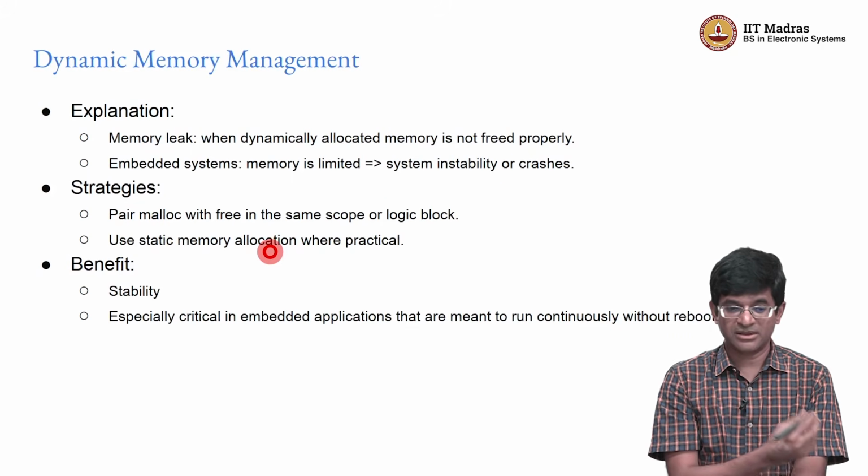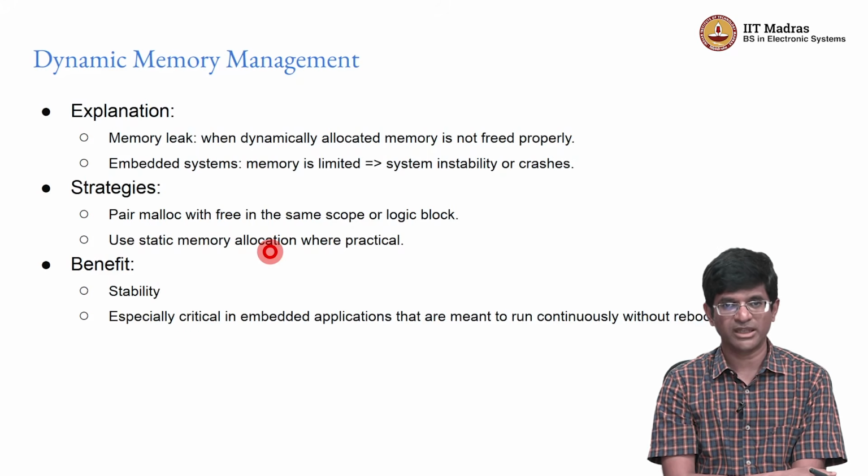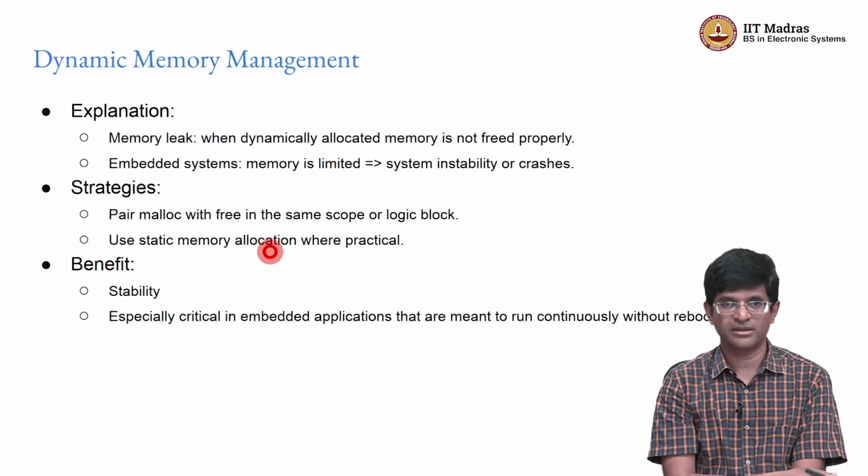Dynamic memory management, this is something that we will be talking about a lot more. There are scenarios like memory leaks, right, where you basically allocate a certain amount of memory and you do not free it in the right way, right? And after a while you find that the system has run out of memory. It either makes the system unstable, meaning that certain kinds of memory allocations fail, or it could outright crash and the system just says, I've run out of memory, I don't know what to do, and reboots or restarts the system.